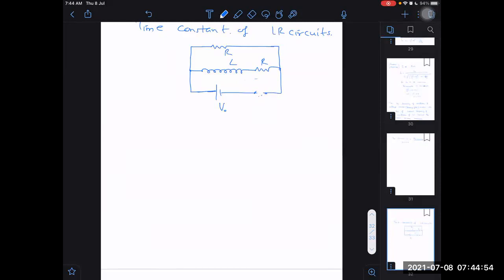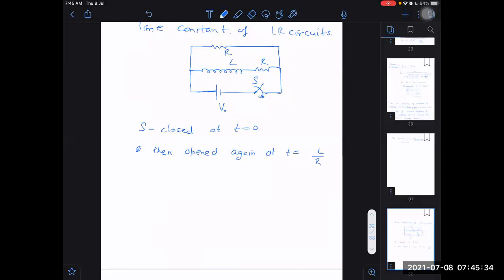First, the circuit was open. This is closed at t equal to 0, and then opened again at t equal to L by R. Okay, what we have to do?